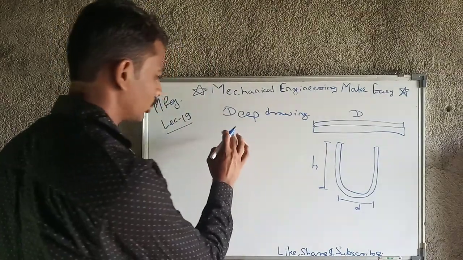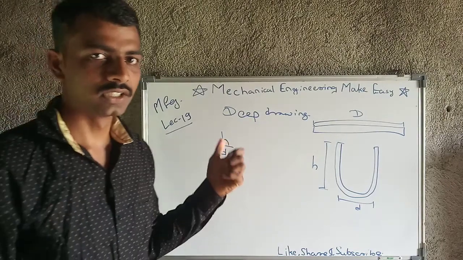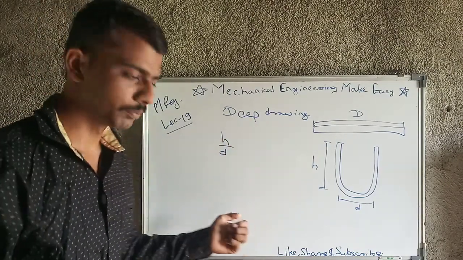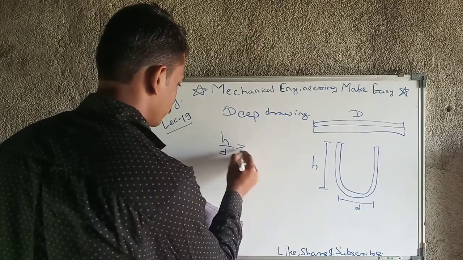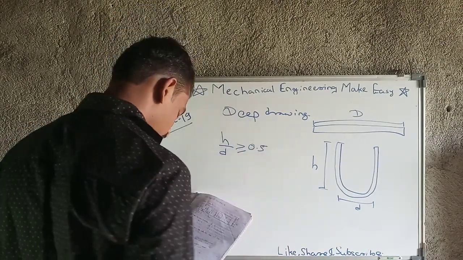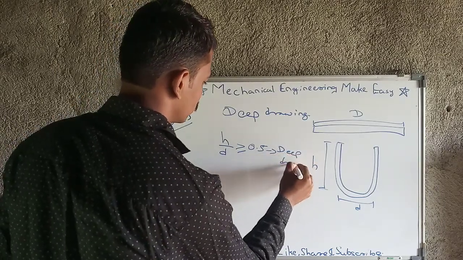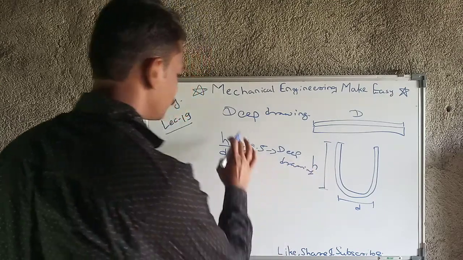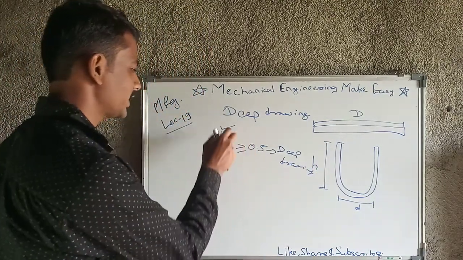So depending on the h by d ratio, there are two types of drawing: shallow drawing and deep drawing. How are we going to differentiate between them? If h by d is greater than or equal to 0.5, then this is deep drawing, because the h will increase.